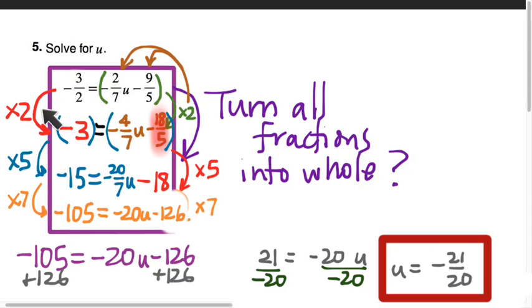In other words, rather than multiplying by 2 followed by 5 followed by 7, they'll go forward and just do this multiplication all at once. So my question to you is, what's the total amount that I've multiplied by in getting from this first equation at the top down to this last equation on the bottom? What's my total multiplication that I did there? Multiply by 2. What happens if I multiply by 2 and then by 5?